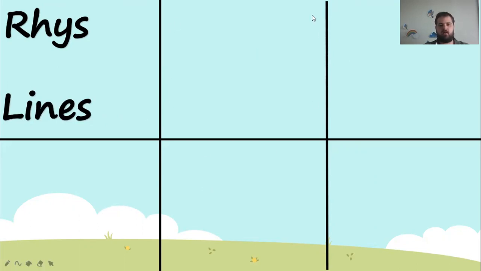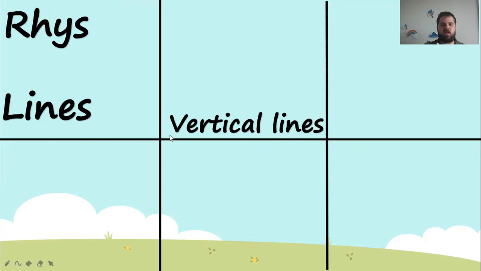Okay, in our next block, we are going to draw our vertical lines. But first, we need to write vertical lines at the bottom. I'll spell it for you. V-E-R-T-I-C-A-L, vertical, and then lines, L-I-N-E-S.